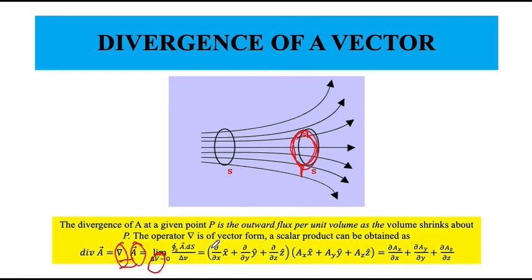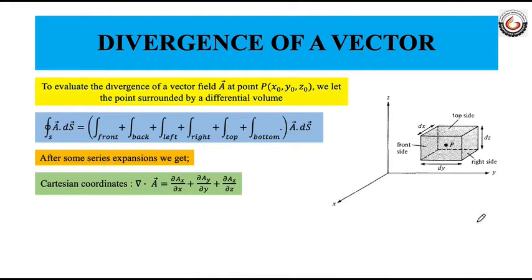Okay, I will just put in these values of the del operator dot product with the vector. So when we multiply it, we get this value. So this is my divergence of the vector. Okay, so how do we evaluate the divergence of a vector at point P?